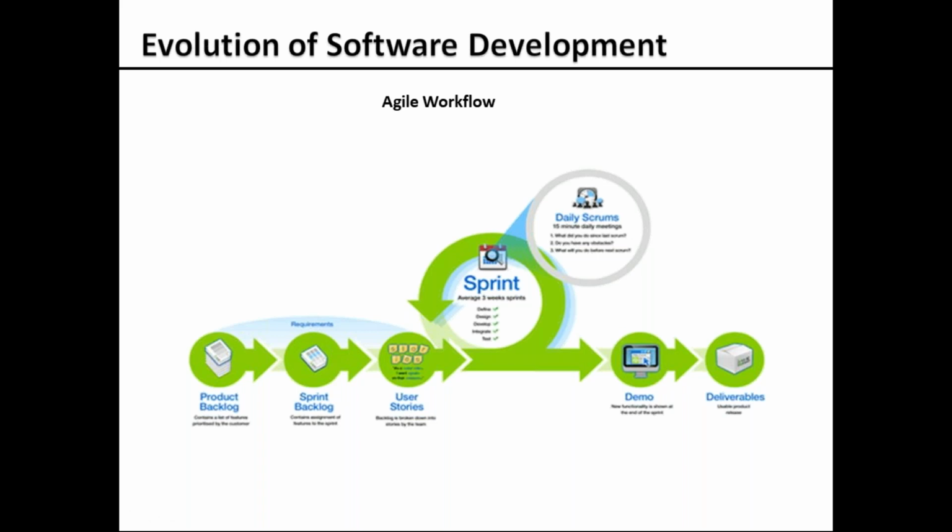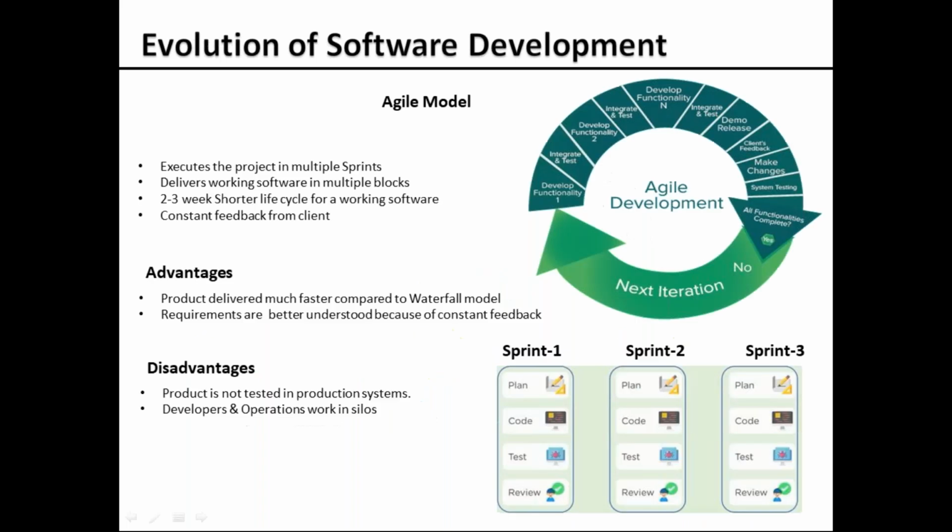In the agile model, the sprint would be around 2 to 3 weeks of time. In those 2 to 3 weeks, whatever effort a team can accomplish to complete the requirements is set in the sprint. A sprint is like a block.